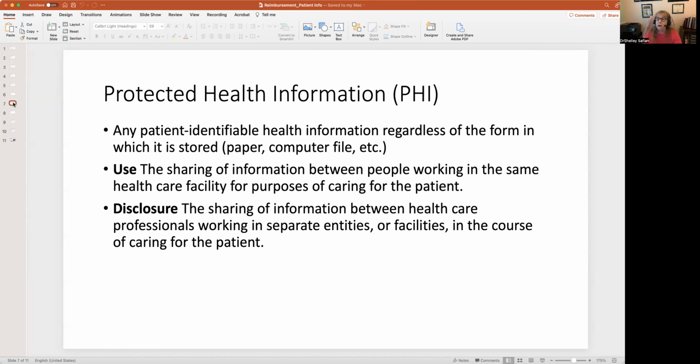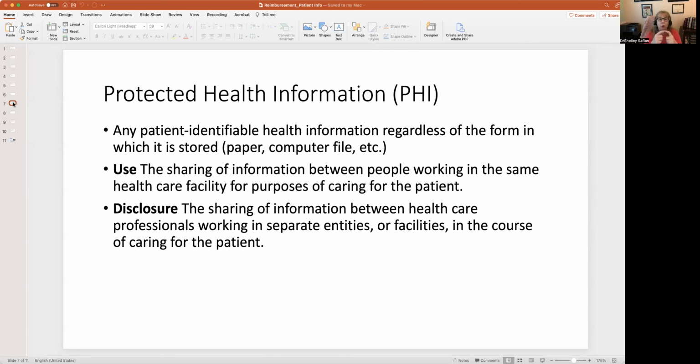I mentioned before that you had to take medical terminology because you have to understand the physician documentation. But in addition, we sometimes use regular English words in a very different way. So use is the sharing of information between people working at the same healthcare facility for purposes of caring for the patient.